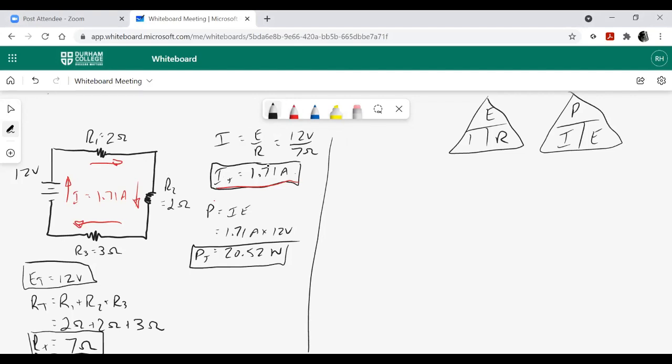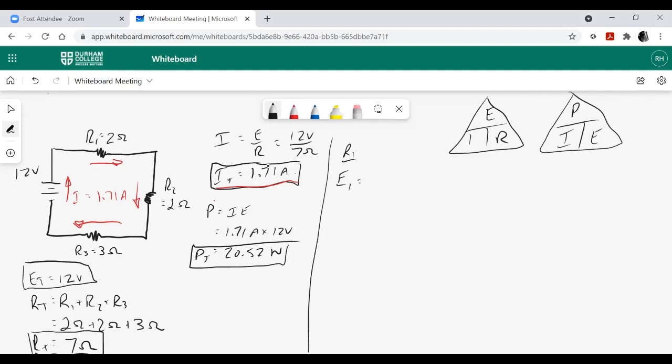So let's do that. At R1, we want E1, which is the voltage at R1. E equals, so what values do I have? Well, we were just talking about it. I have the resistance and I have the current, and I want to find the voltage.